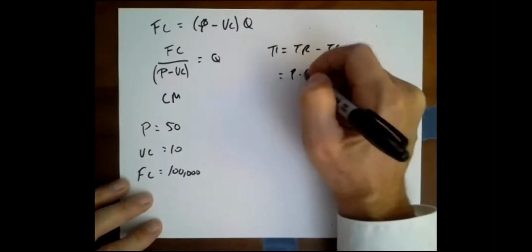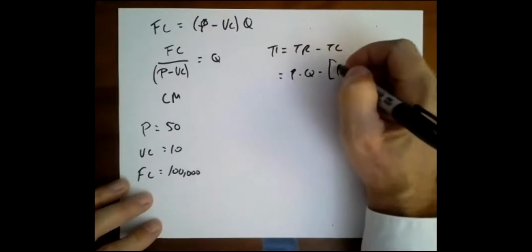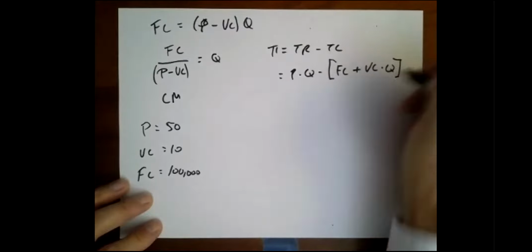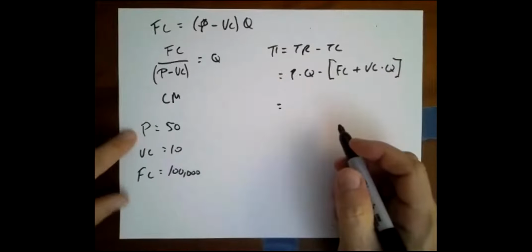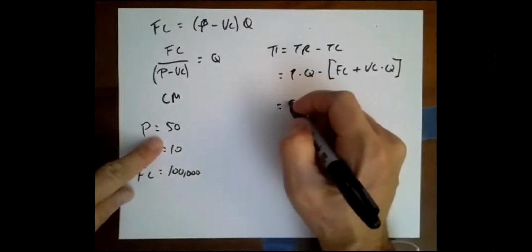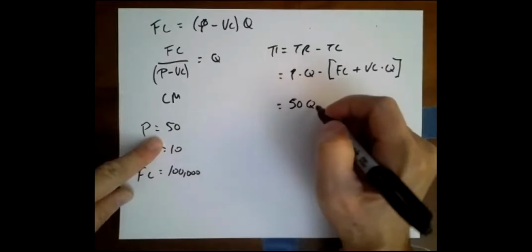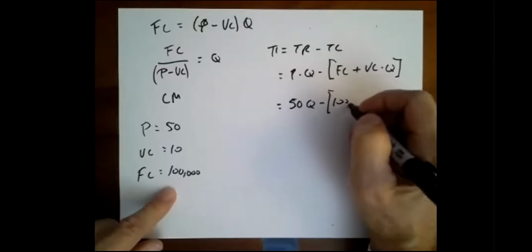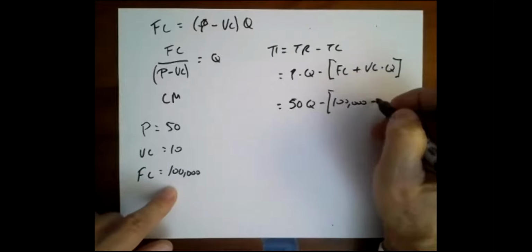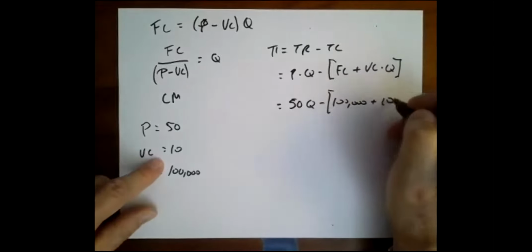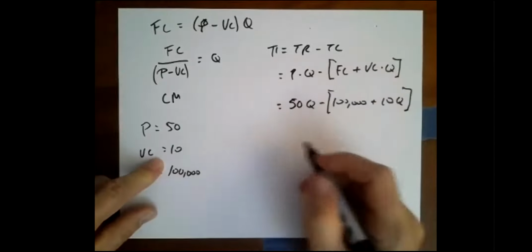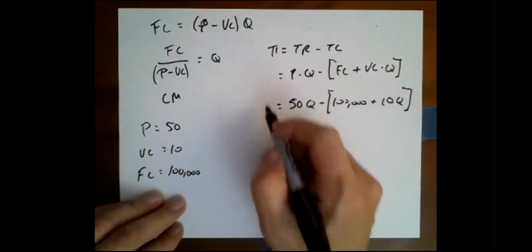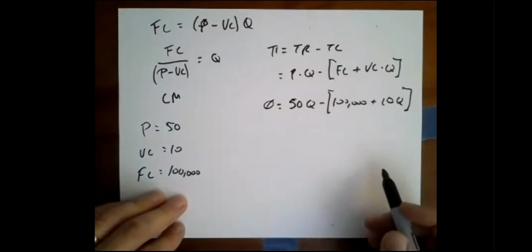Total revenue is price times quantity, minus fixed costs plus variable costs times quantity. So we have a price of 50 times quantity, minus fixed costs of 100,000 plus variable costs of 10 times quantity. And if we want to get to break even, we're going to set profit equal to 0.